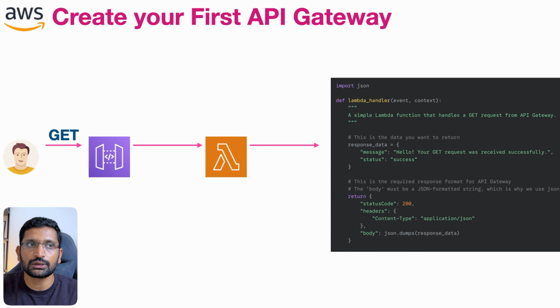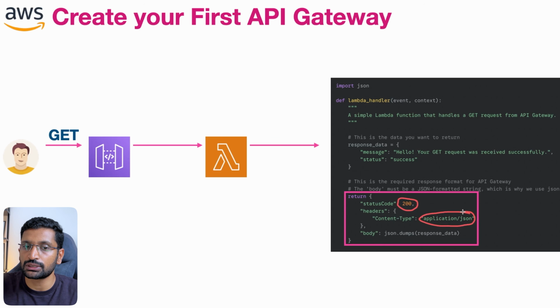All right, so where is the response? Here you can see this is the response which it is going to throw back to our API gateway. As I already told you, the response which we are throwing back is 200, and the type is in the JSON format. And here is the response data which we are throwing back to our customer.